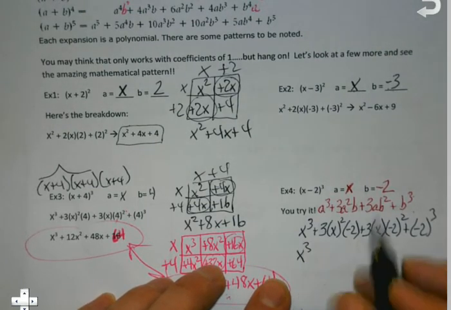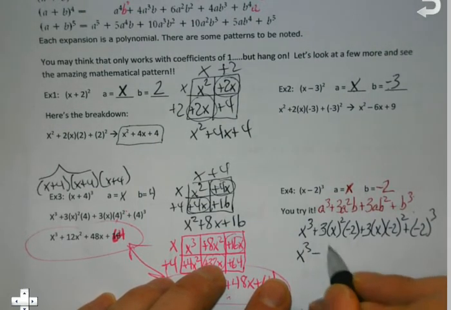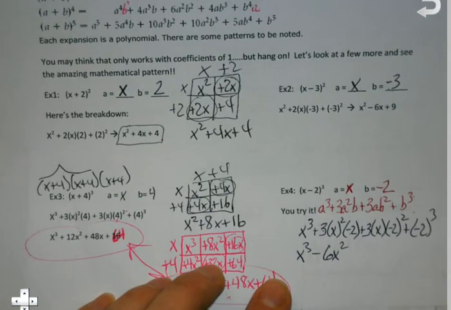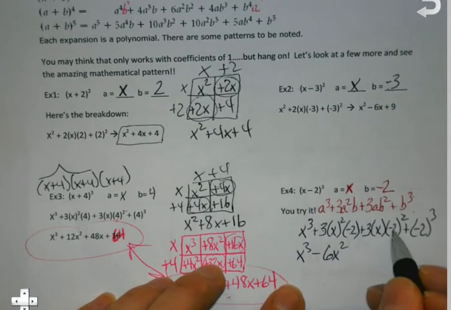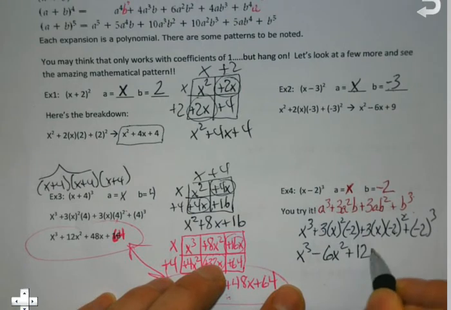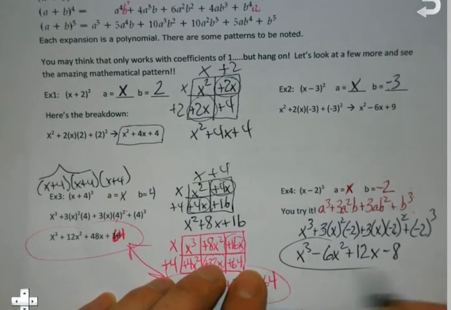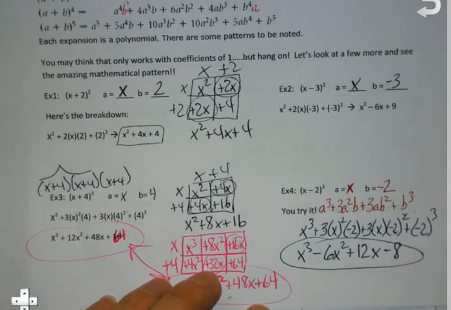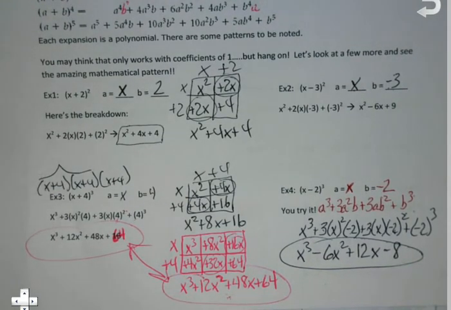And then we just simplify. -2 times 3 is -6, x squared. -2 quantity squared is +4, times 3 is 12. -2 cubed is -8. If any of you went ahead and did the double box on that, you'll get the same thing.